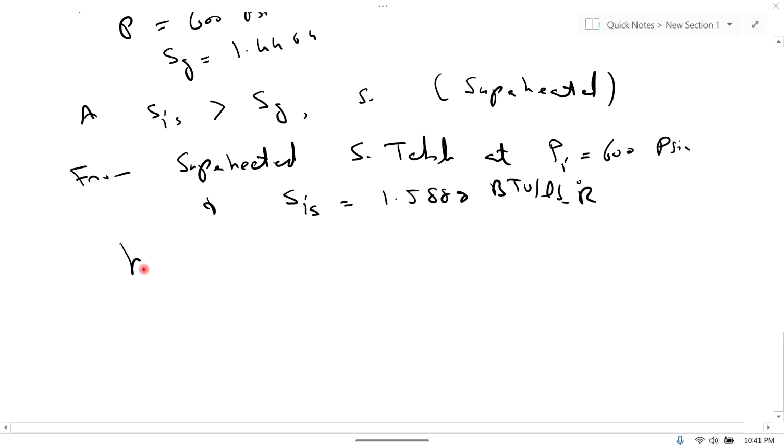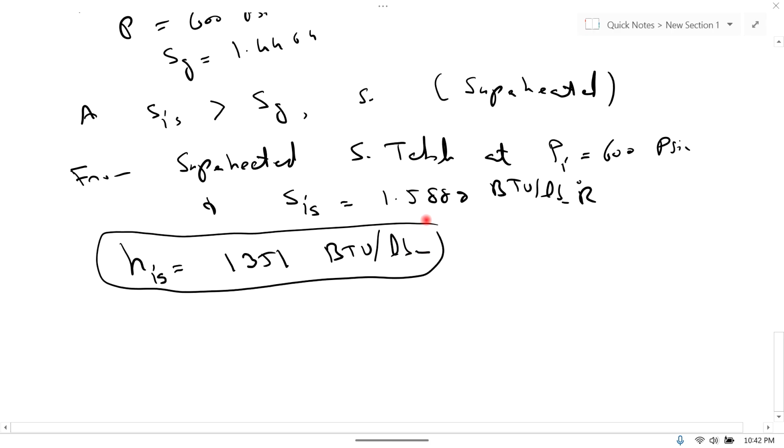So enthalpy H1 dash S at this point will be 1351. This is the ideal enthalpy, 1351 BTU per pound mass.